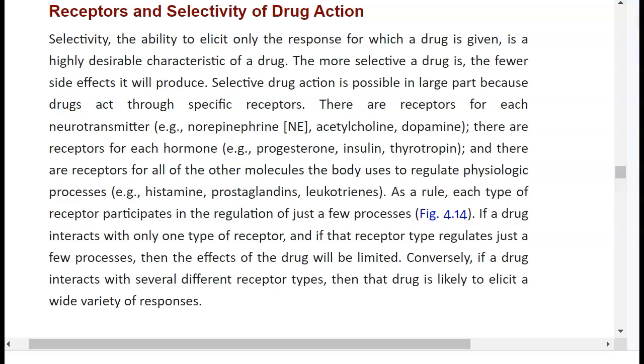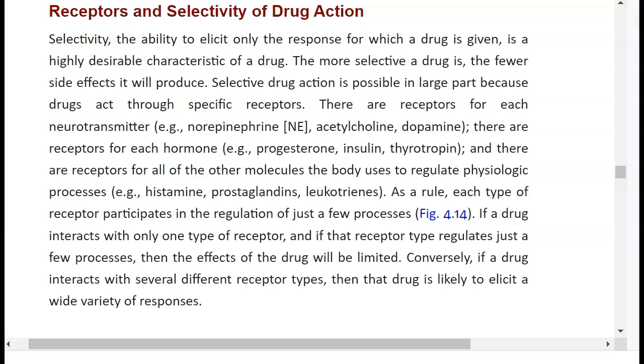Selective drug action is possible because drugs act through specific receptors. We have receptors for each of our neurotransmitters, receptors for each of our hormones, and receptors for all of the other molecules that the body uses to regulate our normal physiologic processes. Think of histamines, prostaglandins, leukotrienes. As a general rule, each type of receptor participates in the regulation of just a few processes.